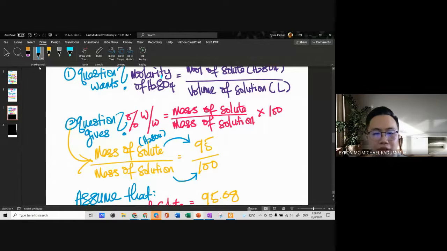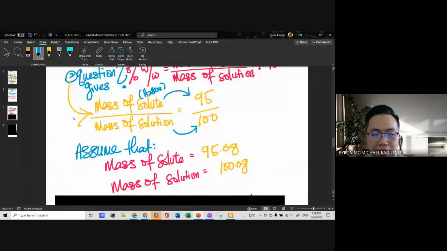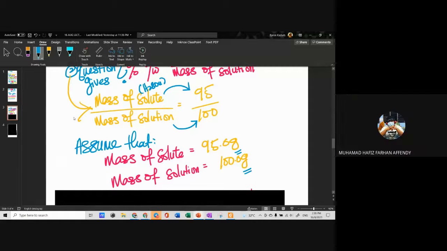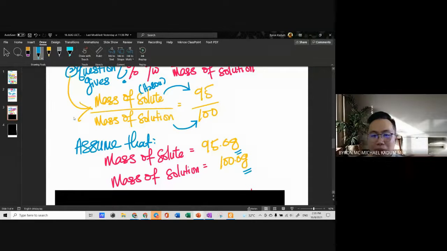So from the logical assumption we are making now, you can assume that the mass of solute is 95 grams, mass of solution 100 grams. Again, why do I use grams over here? Apart from molar mass units, any ideas? Molar mass, we already answered that one. There is one more.